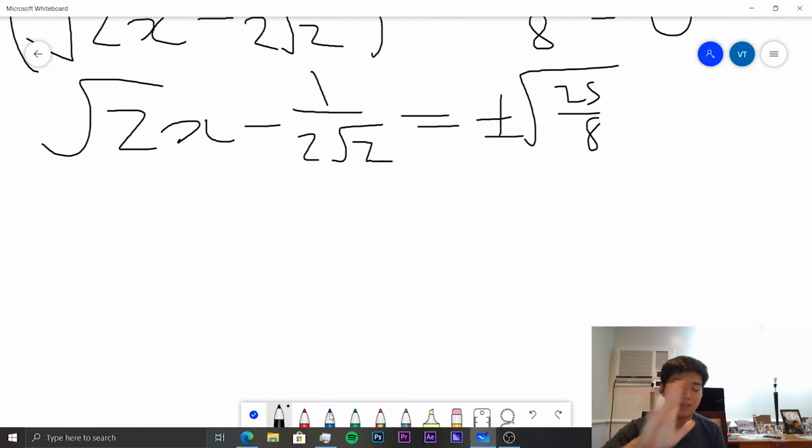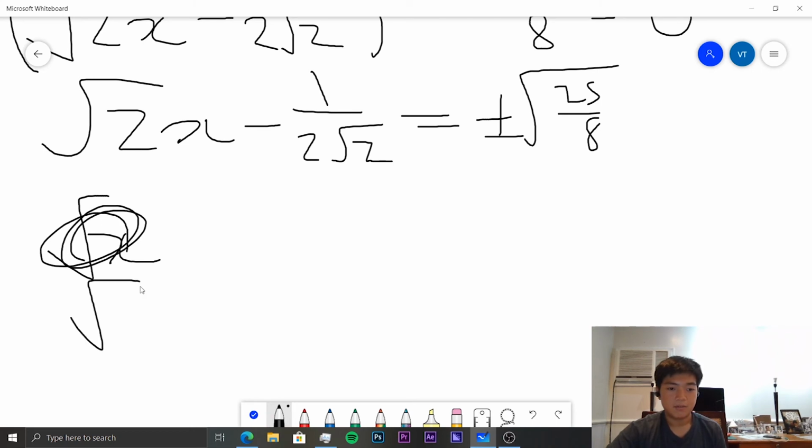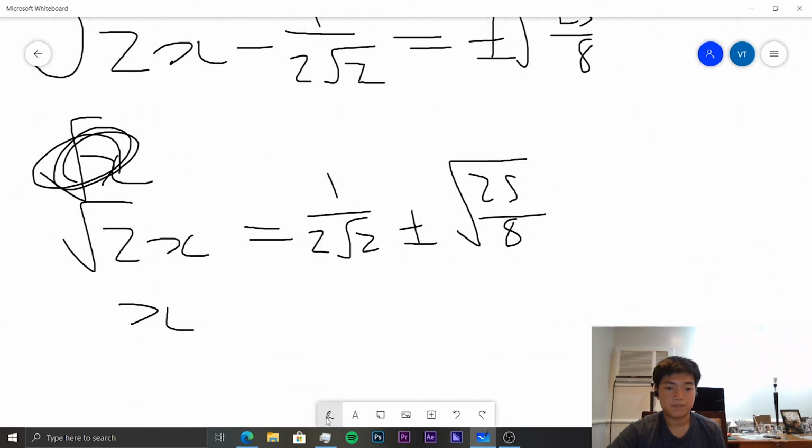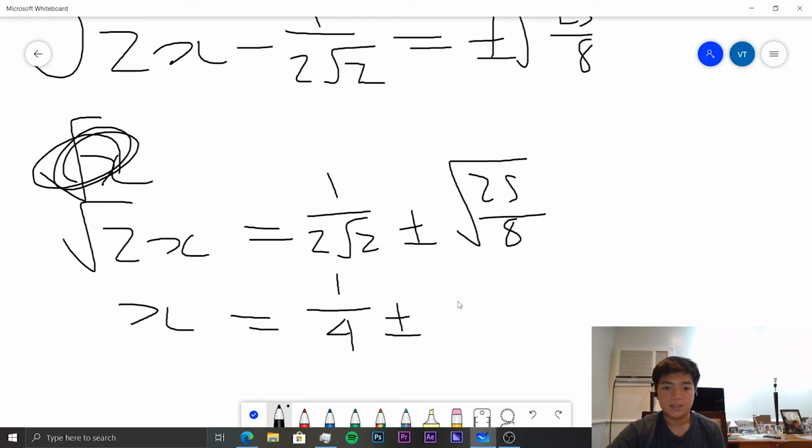So root 2x is equal to 1 over 2 root 2 plus or minus the square root of 25 over 8. And so x is equal to 1/4 plus or minus the square root of 25 over 8, over the square root of 2.